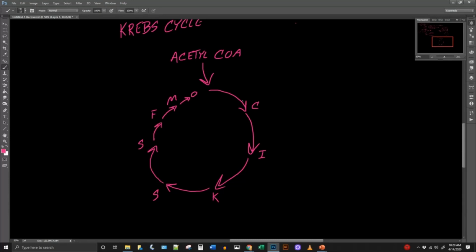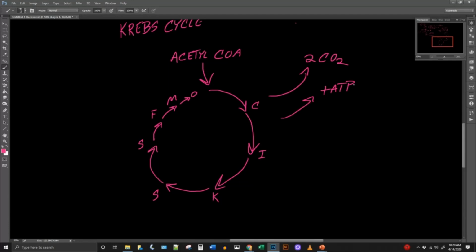Through the process of the Krebs cycle, you don't need to remember all of these intermediates, by the way. I just wanted to make sure I had the right number of steps. In the process of the Krebs cycle, you are going to lose 2 more CO2, and you're going to gain 2 more ATP, again through substrate level phosphorylation, which just means that we're using some enzymes to directly move phosphate groups from one molecule to another.